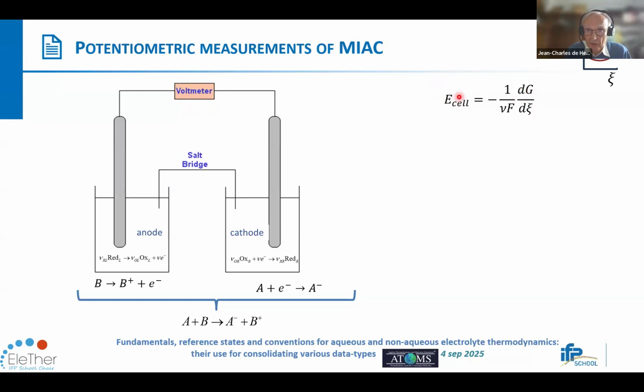The electromotive force is directly related to the slope of the Gibbs energy with the progress of reaction, which is the amount of electrons in the reaction of interest. And when you compare this equation, first of all, what is the dG/dxi? The dG/dxi, we know how to compute.